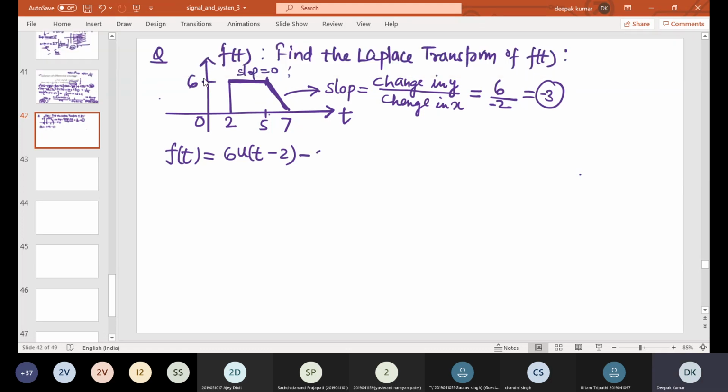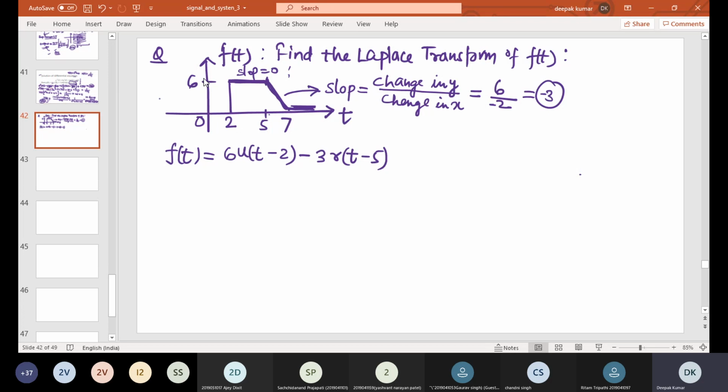That's why here write -3 r of t minus 5. This 5 represents the location and the coefficient of r represents the change in slope. Now again the slope changes. From where to where? From -3 to slope of this axis being 0.